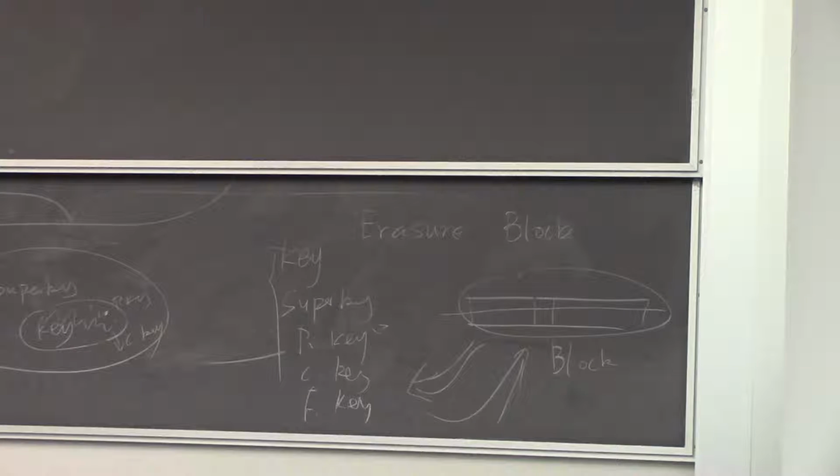So solid-state drive is really nice, but when it comes to updates, solid-state drive becomes super expensive. That's why, if you think about the kind of workload that you do daily on your laptop, one thing I want to emphasize.